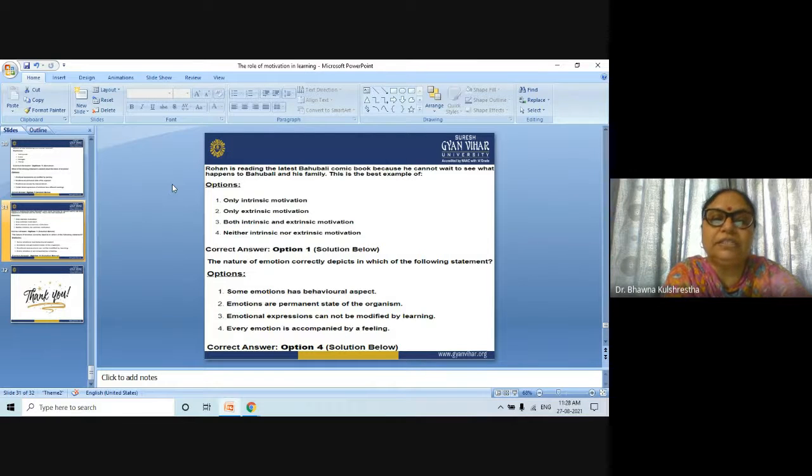And the next and last question is on the topic of the nature of emotion. Which of the following statements correctly depicts it? Some emotions have a behavioral aspect. Emotions are a permanent state of the organism.